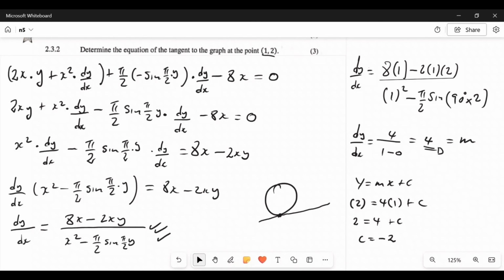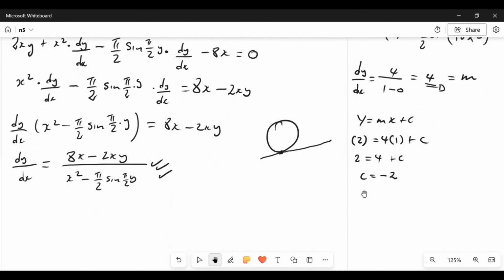So the equation of this expression is as follows. It's going to be y equals our m, which is 4, the gradient, multiplied by x minus 2. So here is our equation, guys.